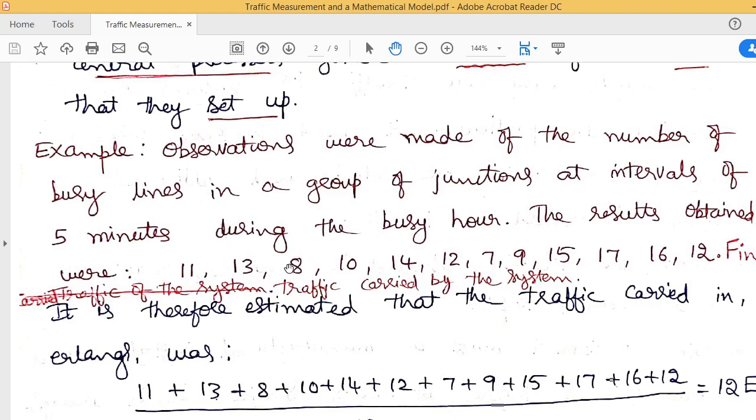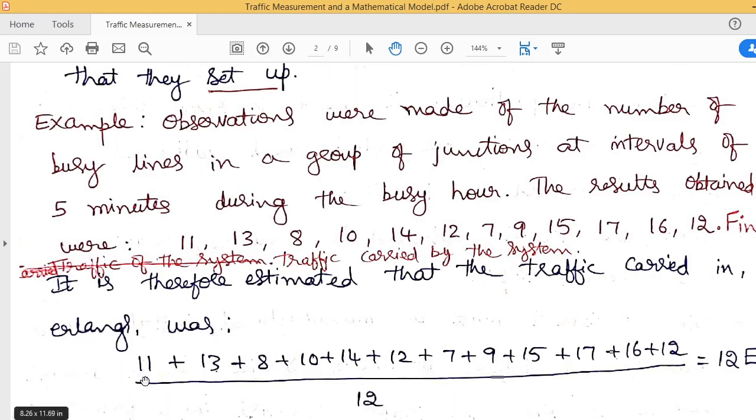Like this, inside a busy hour, we have recorded these numbers of lines that are busy. We need to find the traffic carried by the system inside that particular busy hour. The traffic carried by the system, expressed in Erlang, is computed as the average of those values, and that is obtained as 12.